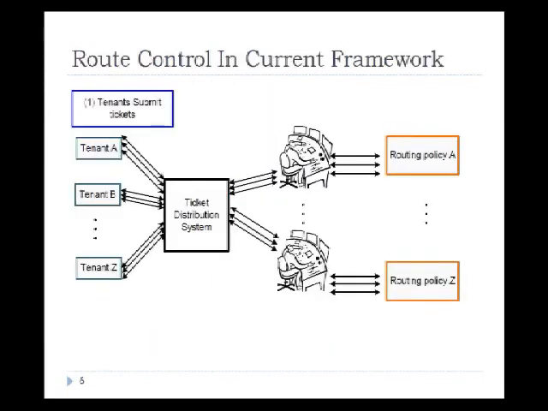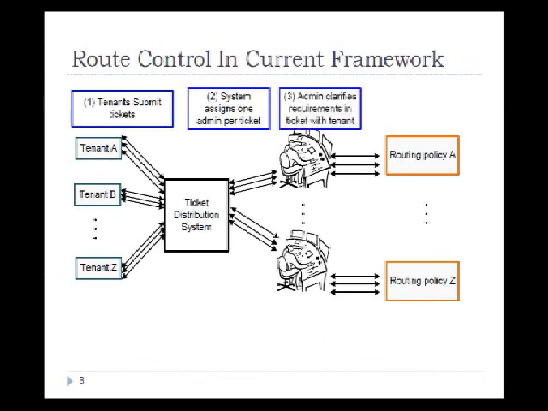First, the tenant would submit a ticket to something called a ticket distribution system, and the system would assign a dedicated admin to the ticket. Then the admin would clarify the requirement in the ticket with the tenant, which would require several rounds of communication back and forth. Once the requirement is clarified, the admin creates a route configuration for the ticket.